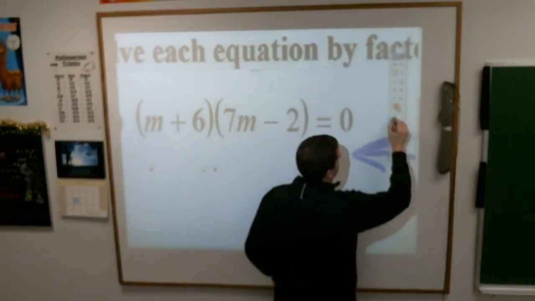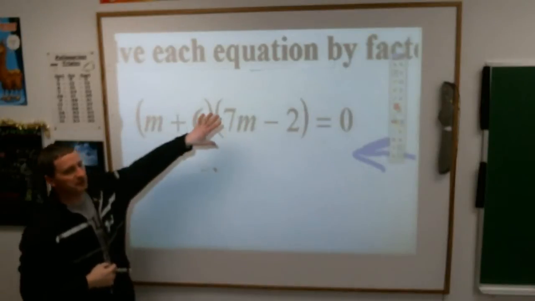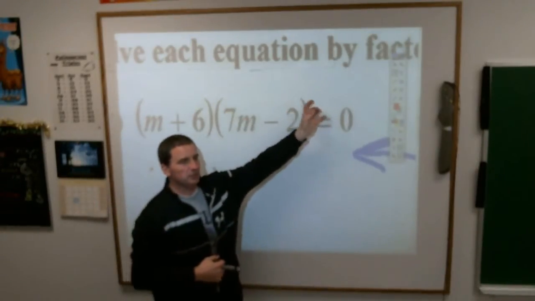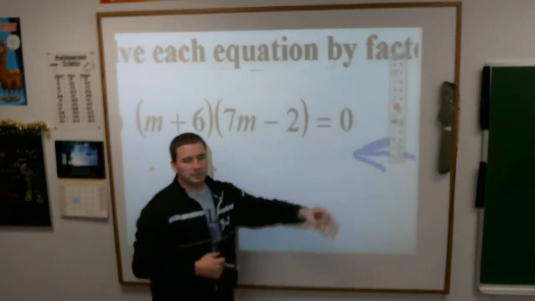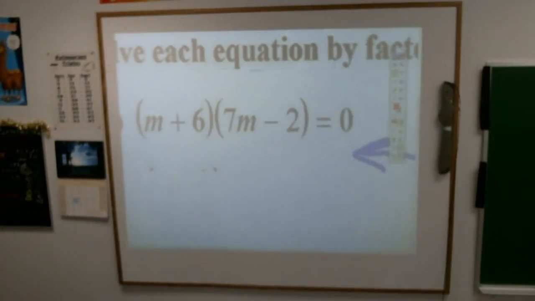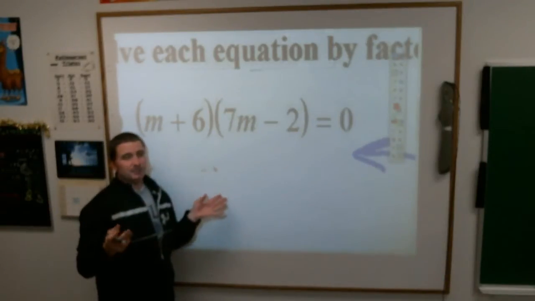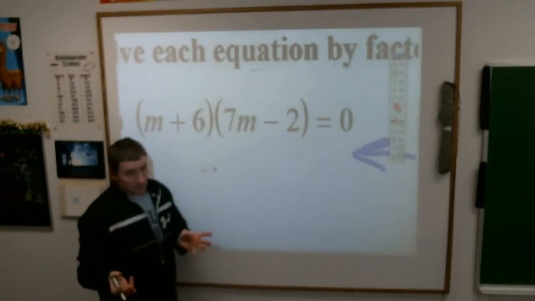Here's the deal. Once you get a trinomial factored on the left side and get it equal to 0, your job is virtually done. Because of the zero property of multiplication. Do you remember? It says anytime you multiply anything by 0, you get 0.